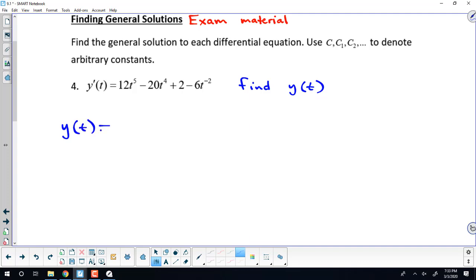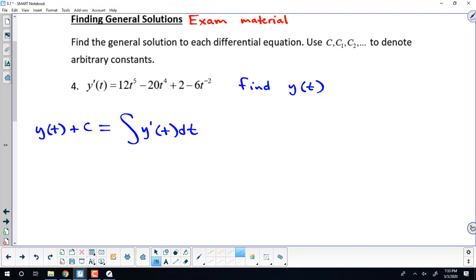So y of t is the antiderivative of y prime of t dt. But we know that when we integrate, we get some arbitrary constant. If we have initial conditions, we would use them to find c. Here we don't. So when we integrate y prime of t, we're just going to have some function plus c, and that's our general solution.